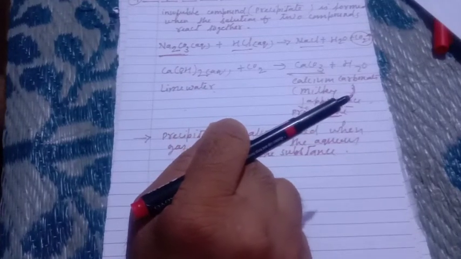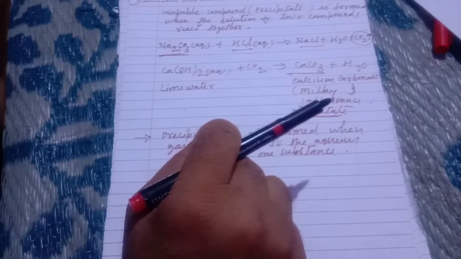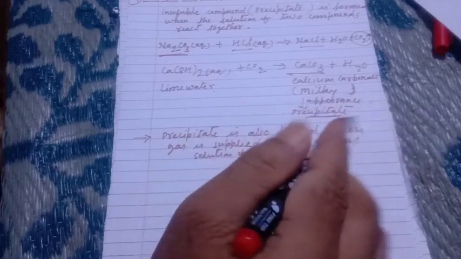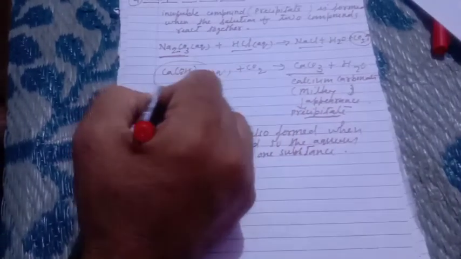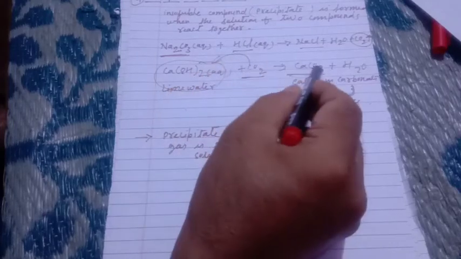Okay, aqueous solution of one substance. Yes, so just see, this is aqueous solution of one substance and this is gas. When it is supplied, then the precipitate of calcium carbonate is formed. Okay, so this is one of the examples.